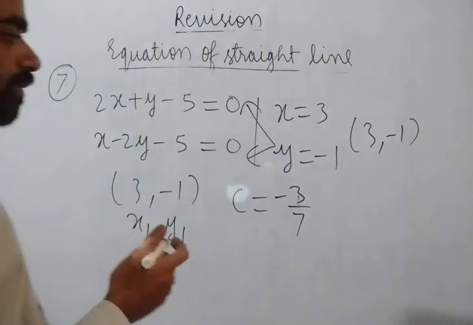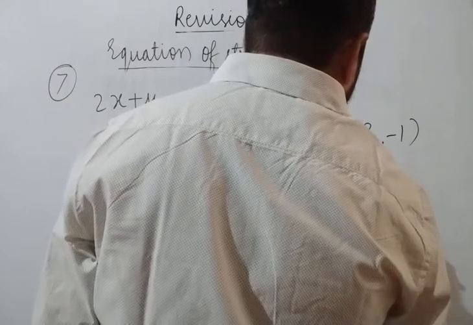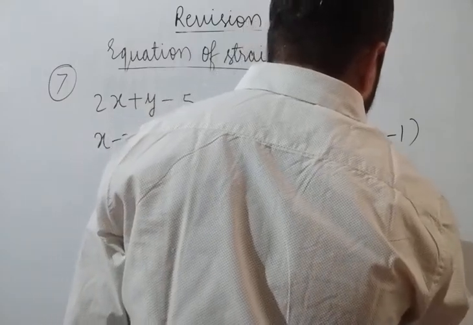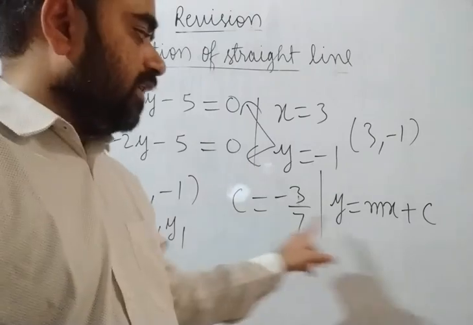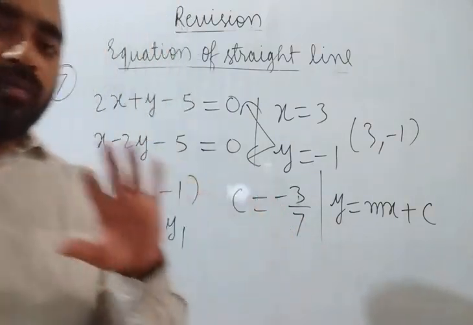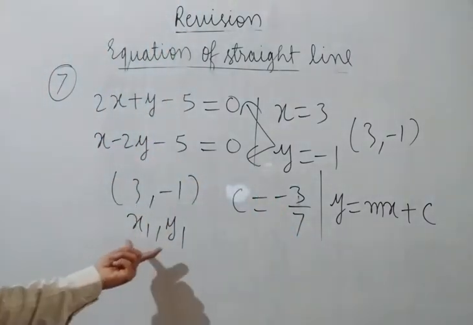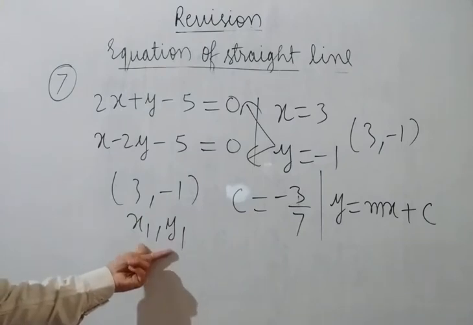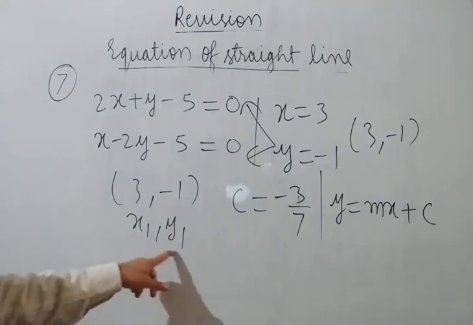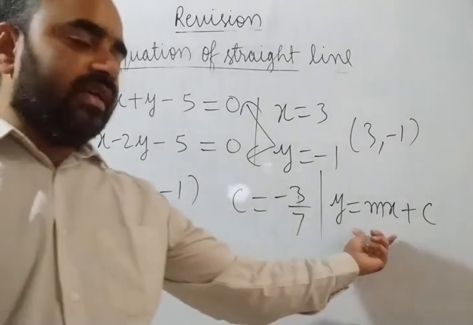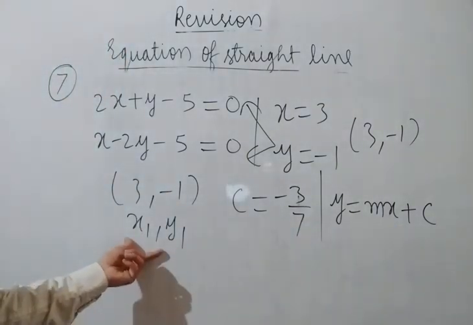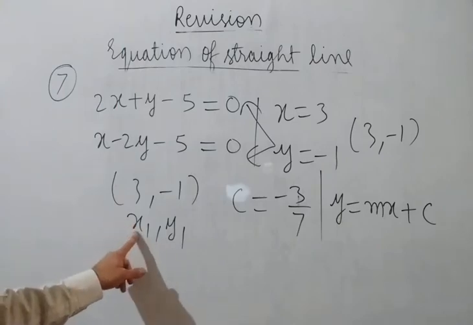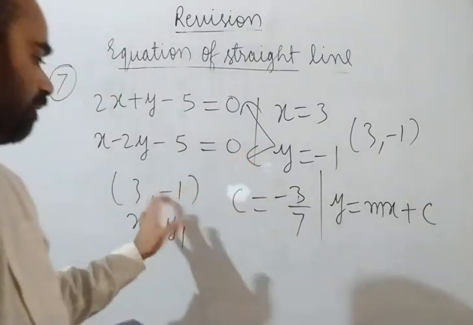So I am going to apply this form: suppose y equal to mx plus c. In this form I can take c as minus 3 by 7, but m is not given, so I can satisfy this point (3, minus 1) in this equation. That means x will be 3, y will be minus 1.